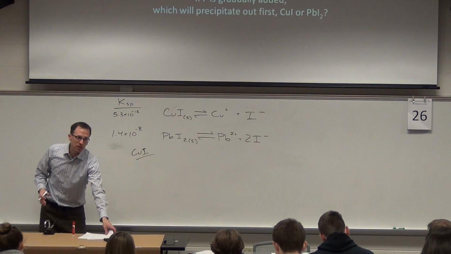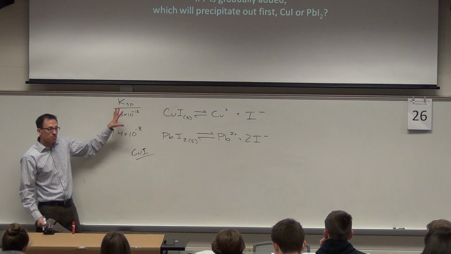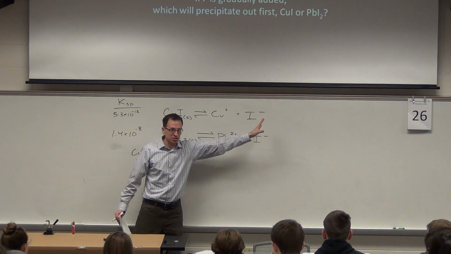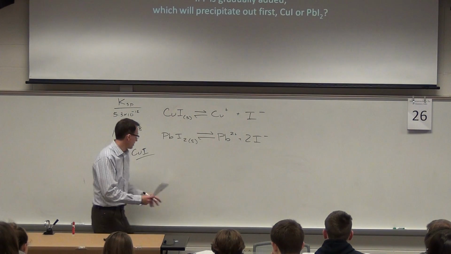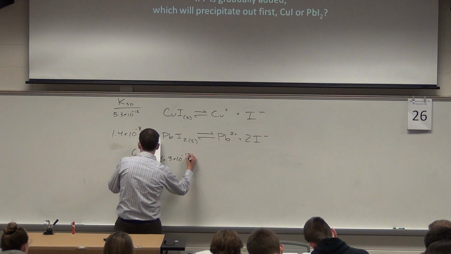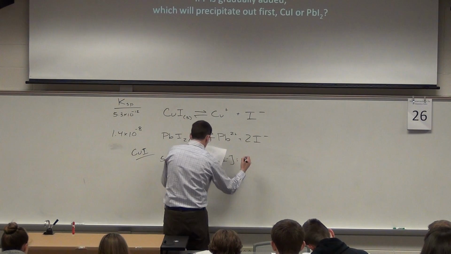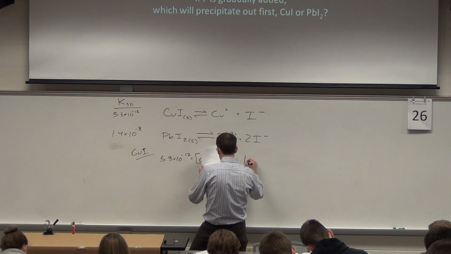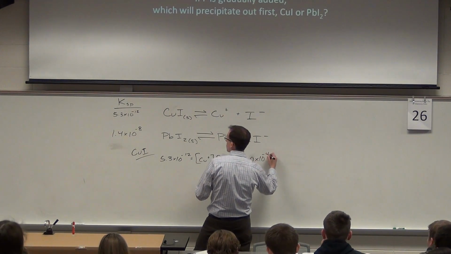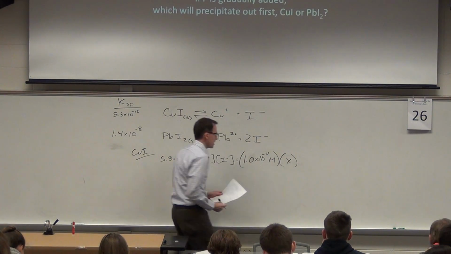What I'm going to do is put it into the Ksp relationship. Remember, these numbers tell us the maximum amount that can dissolve. Keep that straight and everything will be better. So I have 5.3 times 10 to the negative 12 equals [Cu+][I-]. I'm going to plug these numbers in. I have 1.0 times 10 to the negative 4 times x.